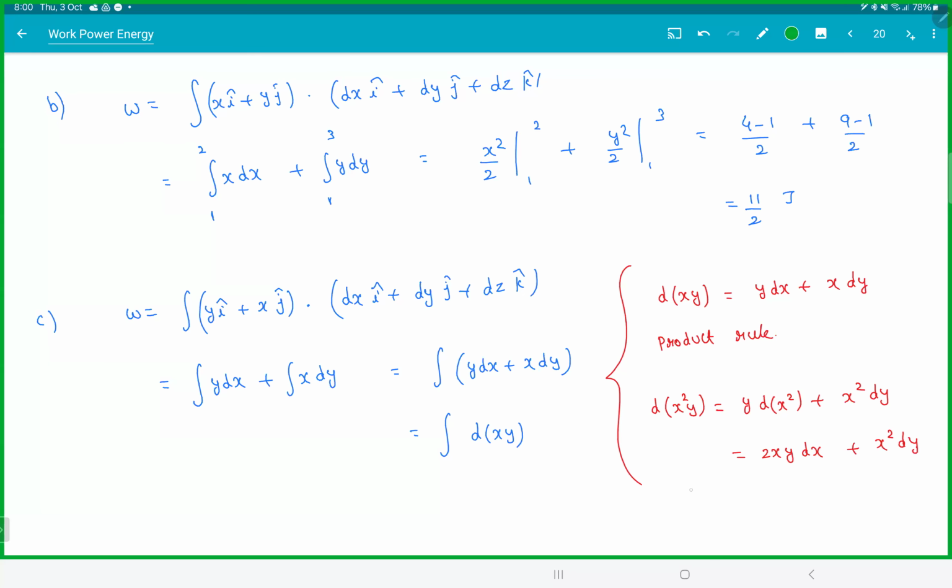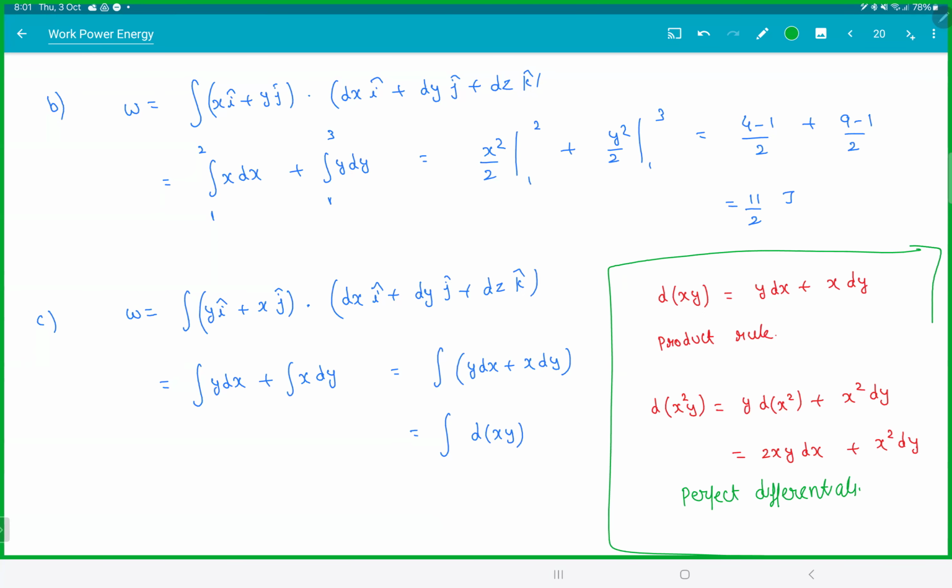These kind of functions are called perfect differentials. Quite an important one, huh? These are called perfect differentials, meaning it becomes a perfect thing. So you're treating the whole xy like one new term, isn't it?